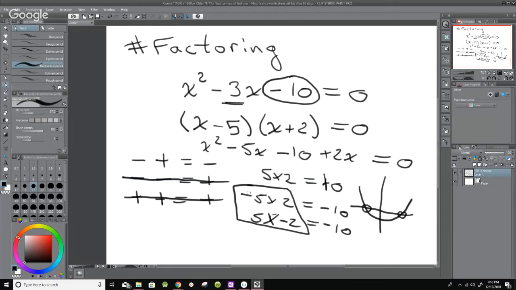If I clean that up, I'll write it here at the bottom. I have the x squared, negative 5x plus, so if I take my negative 5x and combine it with my positive 2x, I end up with negative 3x. And then the negative 10 remains, equals 0. So that's the way to check that we got it right.